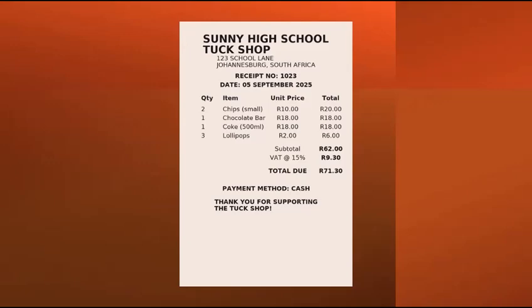So if we read through this receipt, we only have the name of our high school tuck shop on it, no customer. But almost at the bottom, it says payment method cash. So this was a cash sale. Since we do not know who our customer was, we will record that this was a cash sale.